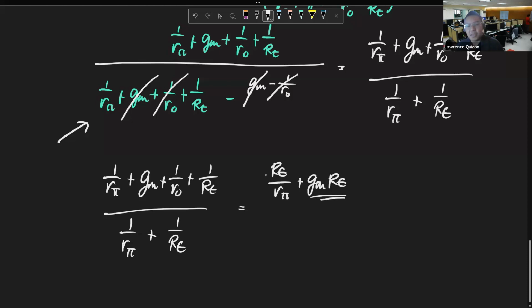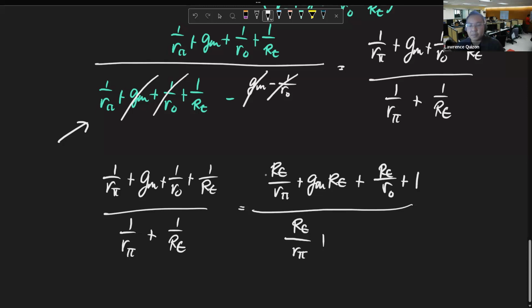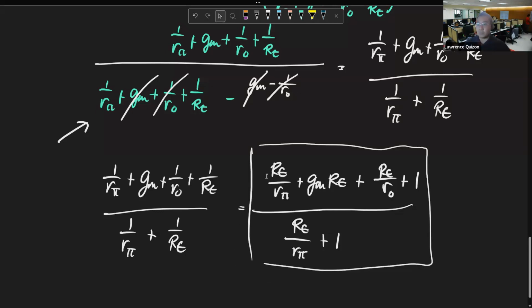So the senses should be tingling now. We already have what we want. Plus 1. So 1 plus GM RE is now here. And then we have RE over R pi plus 1. Right? And essentially, this is the closest you can get without assumptions.